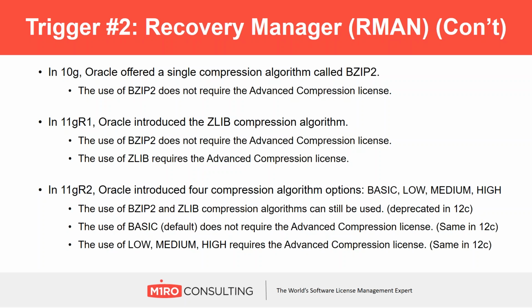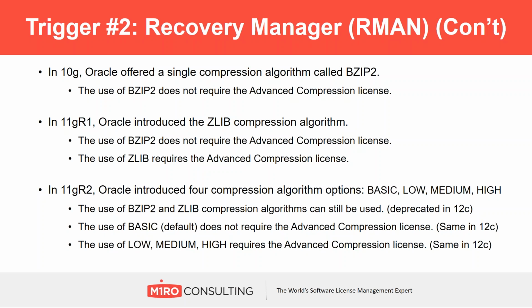In 11g R1, Oracle introduced the ZLIB compression algorithm. If you use BZIP2, just as you would have in 10g, that does not require the license. But if you utilize ZLIB, it does require the Advanced Compression license.